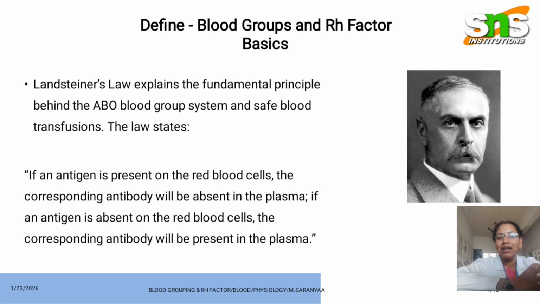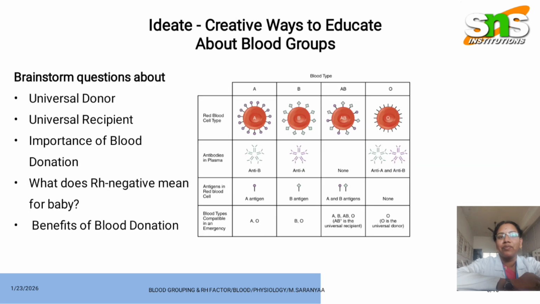For example, when an A antigen is present on the surface of the red blood cells, the corresponding antibody will be absent. This is the theory he explained. These are the ways that we can help students learn about blood grouping.